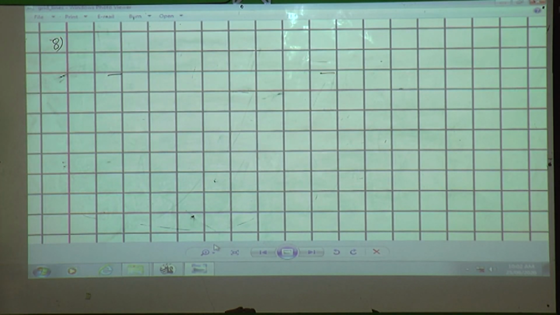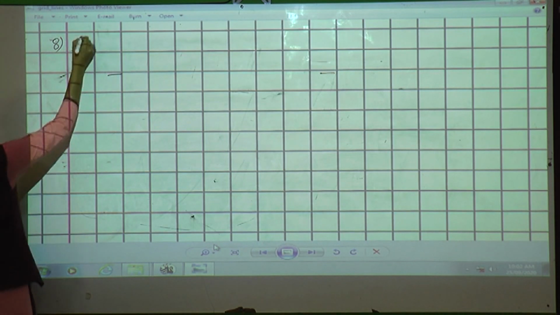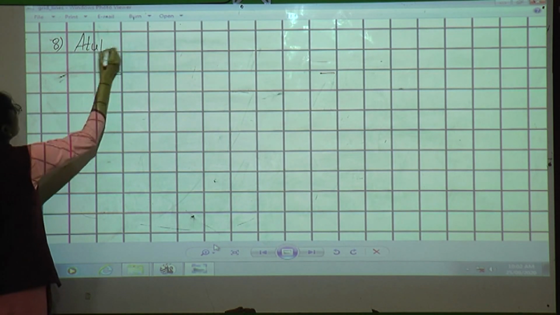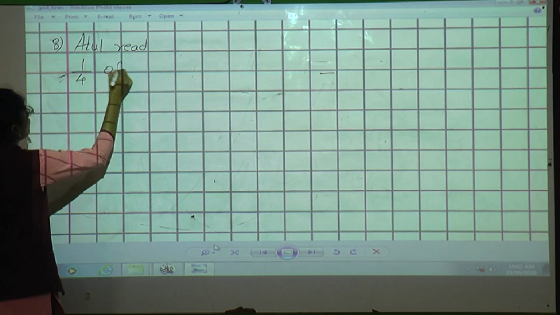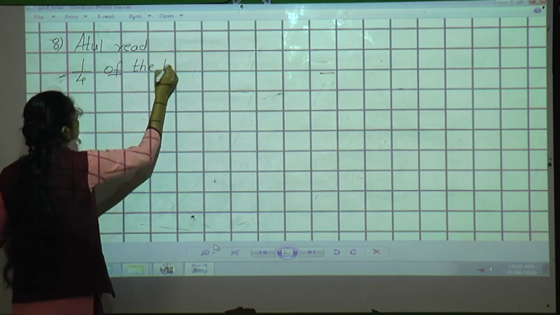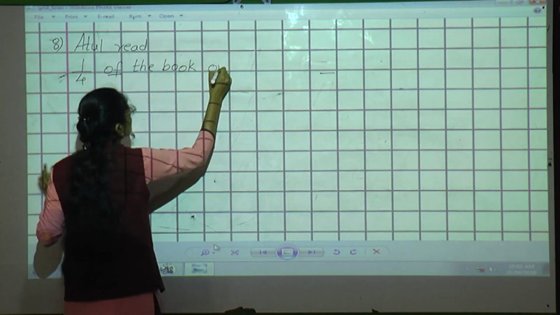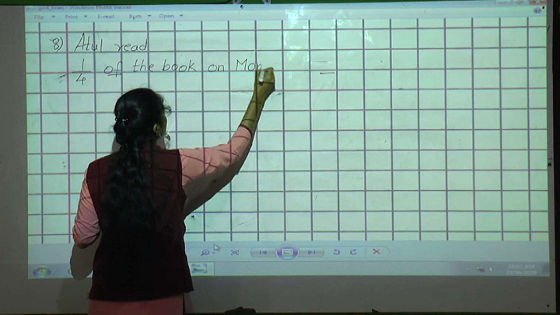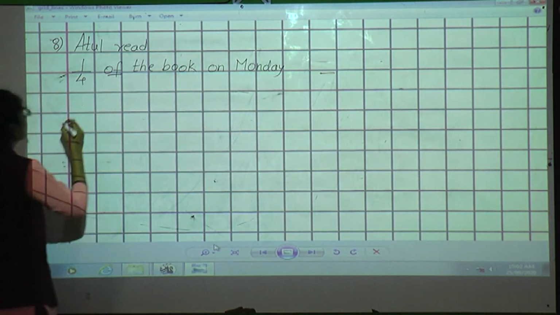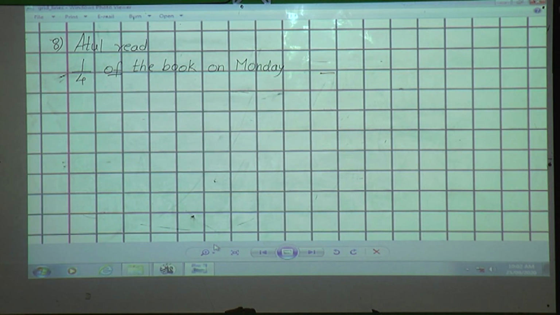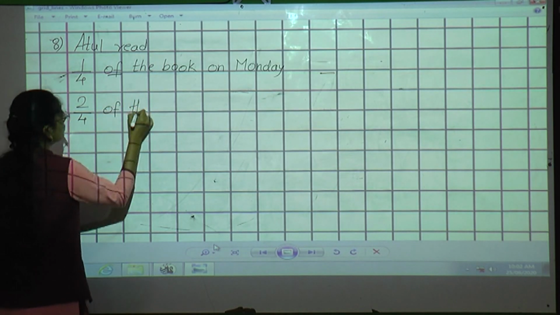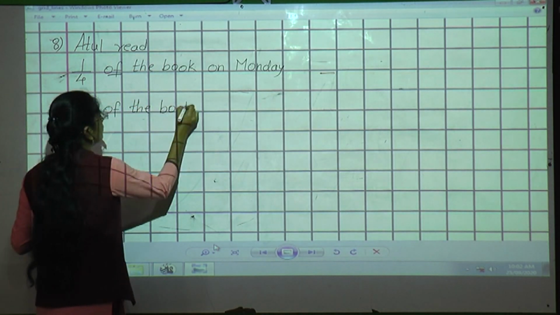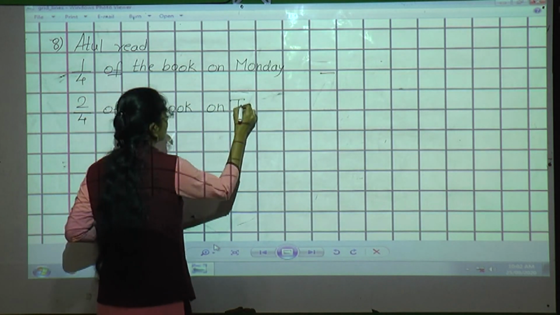On Monday, Atul read 1/4 of the book. Then 2/4 of the book on Tuesday.